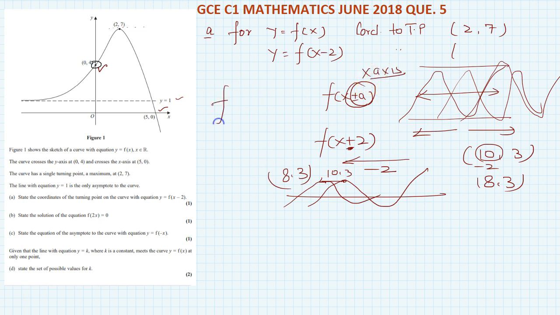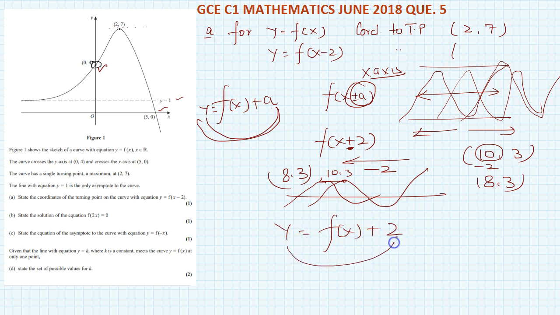And if the graph is moving in this way, f(x) plus a, you can see that y is increased by a. If it is f(x) plus 2, y is increased by 2, so the graph will move up 2 points.